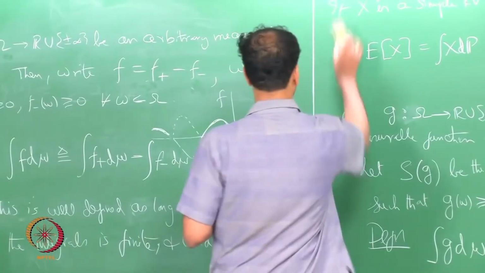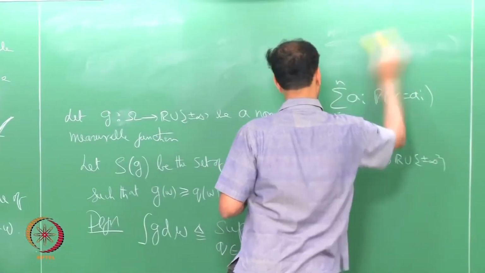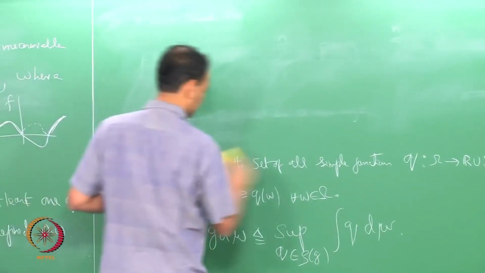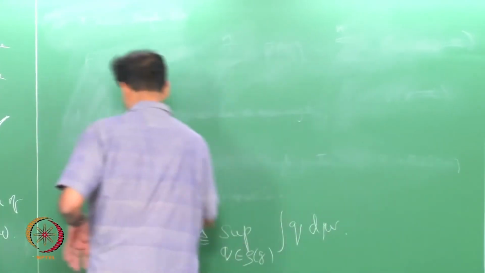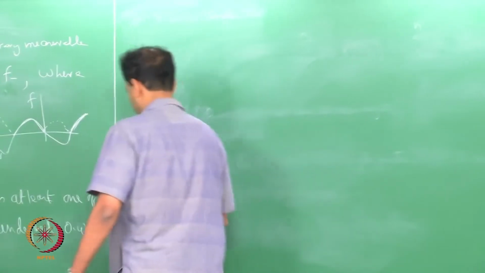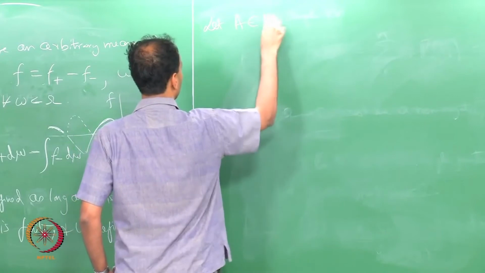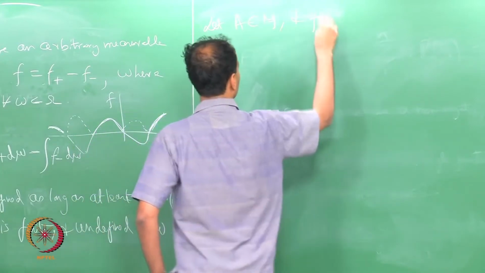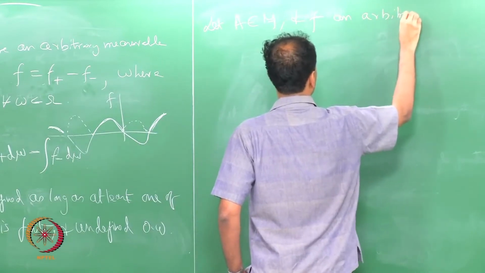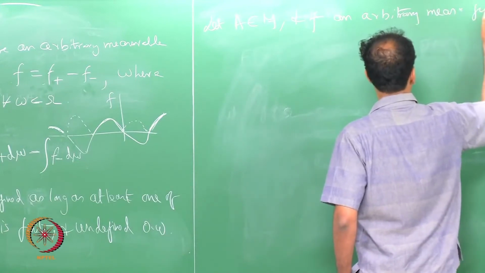And finally, while I am at it, I will define the last bit also. Let A be measurable and f an arbitrary measurable function.